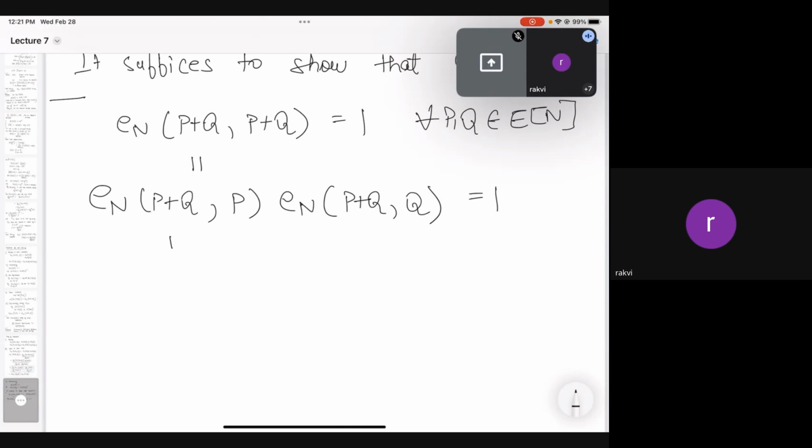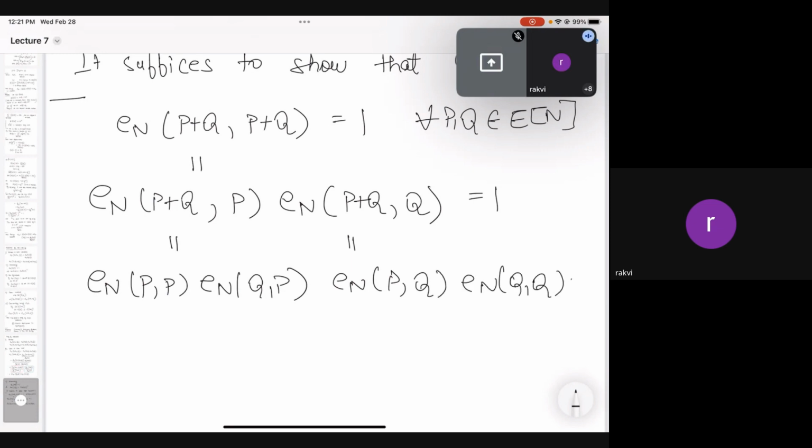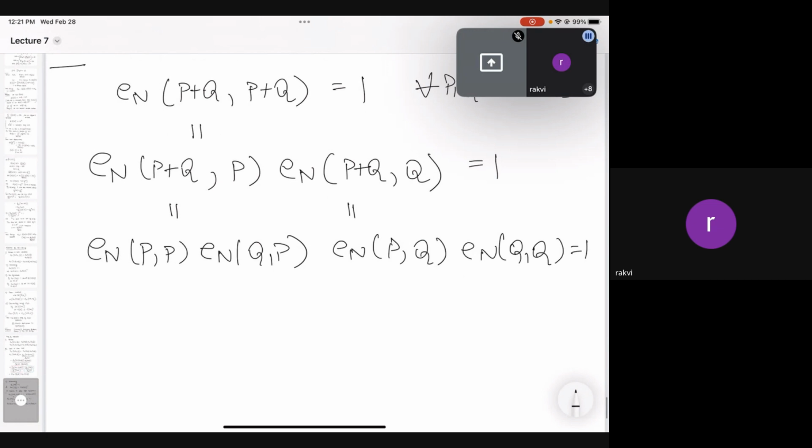So this one becomes the product of En of P comma P and En of Q comma P. And this one is En of P comma Q and En of Q comma Q. But we are assuming that whenever two variables are equal, the values are just 1. So this becomes 1, and this is equal to 1.